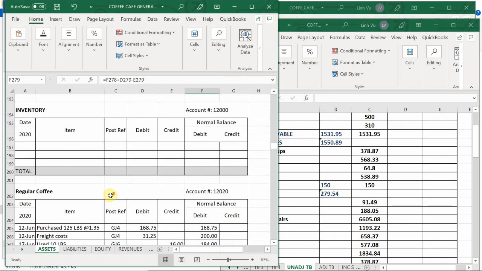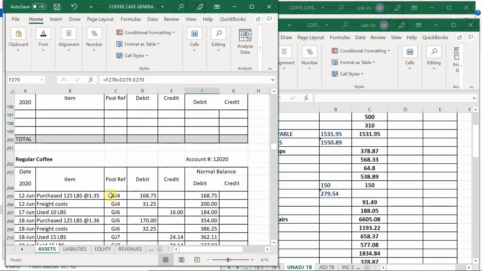Well, did we have ceramic mugs yet? We haven't done our periodic inventory yet. That's an adjusting entry, so in this case we don't have it just yet. We'll add that in the next adjusted trial balance.